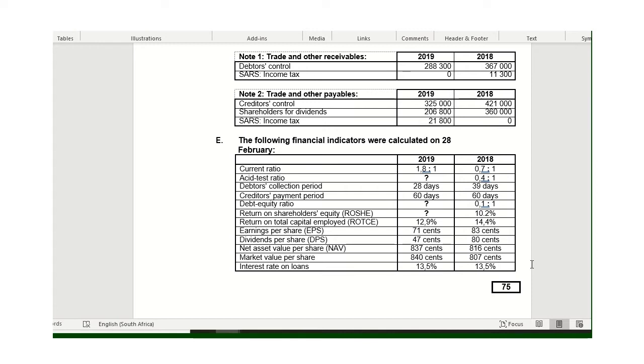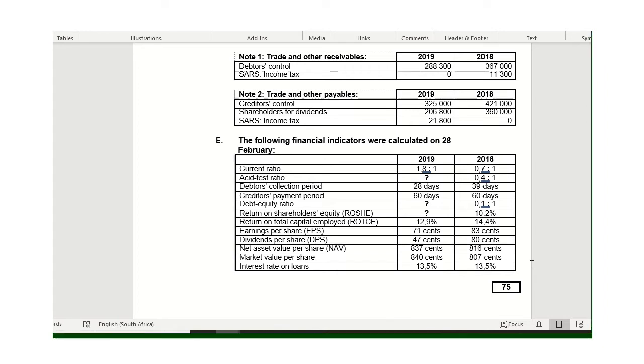If you compare that to outside deposit, if I look at what the interest is that we pay on loans, it is 13.5. So we're paying out more interest on loans than what our return is. You want to make more money than what you pay out.